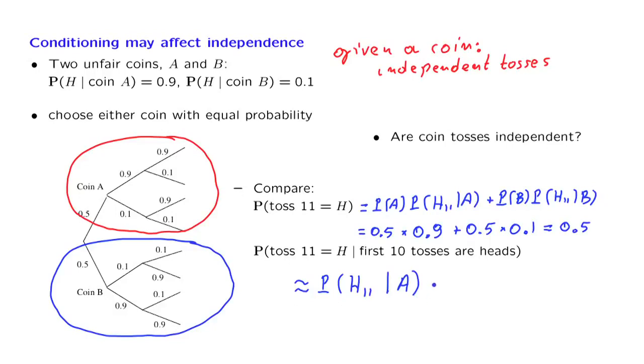But if it is coin A, then the probability of heads is going to be equal to 0.9. So the conditional probability is quite different from the unconditional probability, and therefore information on the first 10 tosses affects my beliefs about what's going to happen in the 11th toss, and therefore we do not have independence between the different tosses.